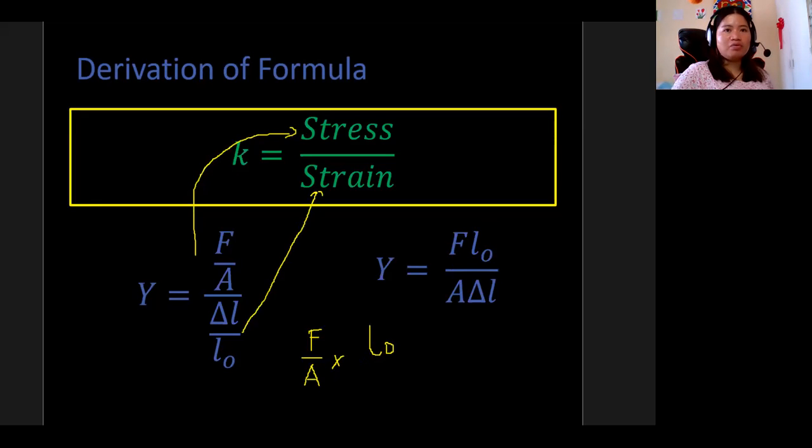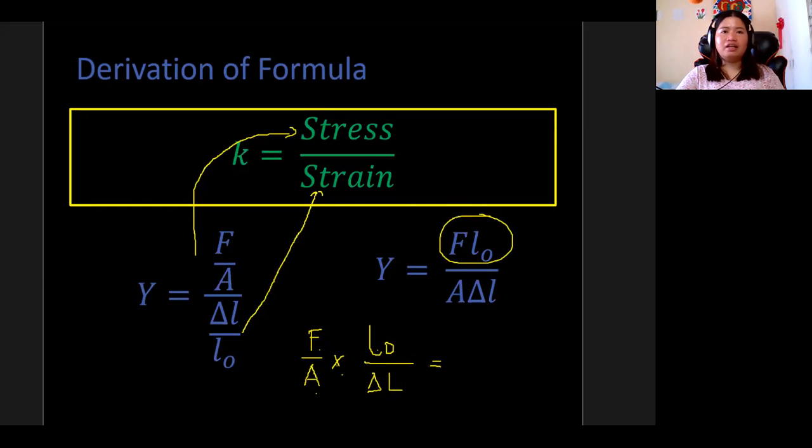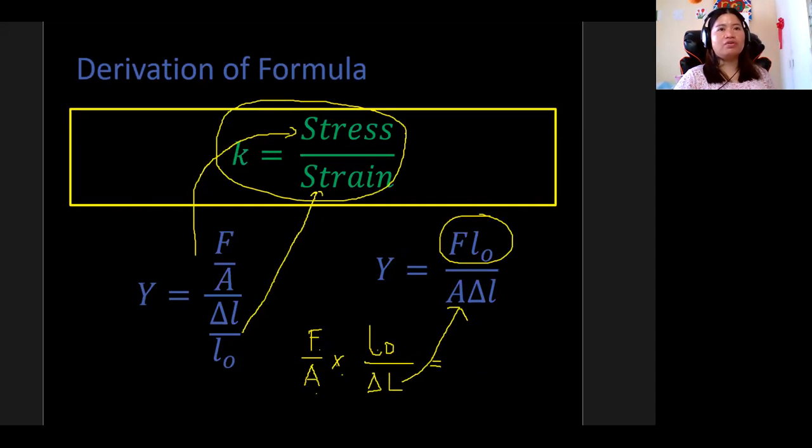L sub O all over delta L. So what you get is F L A delta L. This is how I remember it. So F times L sub O, you get this part. A times delta L, you get this part. So that is how we get the formula for Young's modulus using the original formula of Hooke's law.